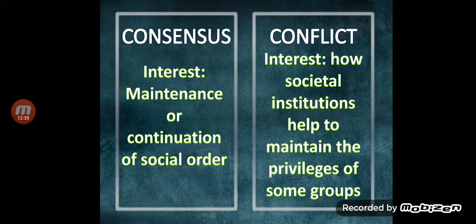Okay, now for their interests, the interest of consensus is the maintenance or continuation of social order. But for conflict, it is how societal institutions help to maintain the privileges of some groups. And what are these societal institutions that I'm talking about?